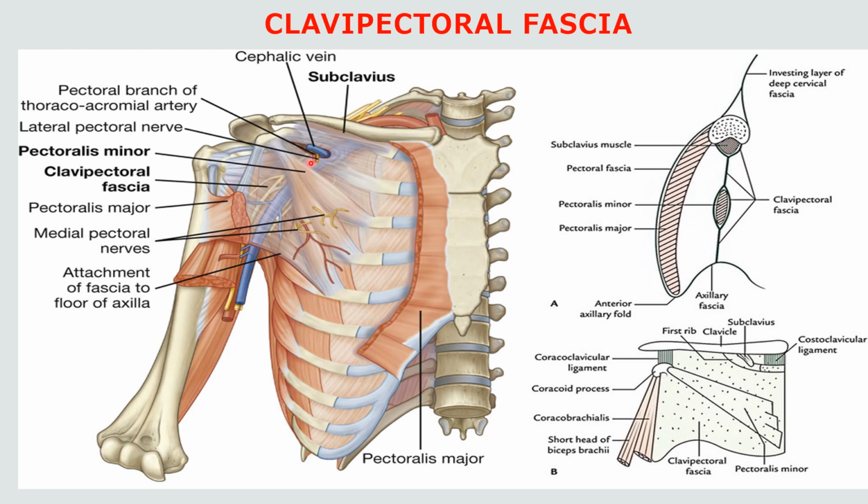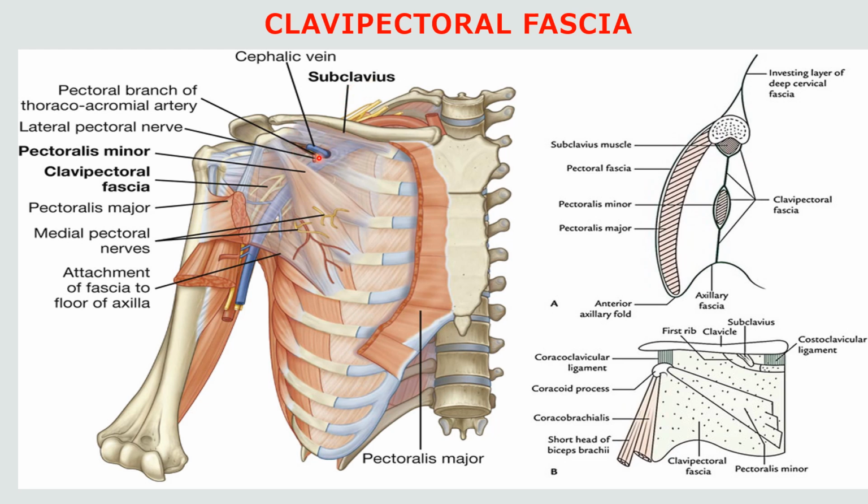Then the lateral pectoral nerve also pierces the clavipectoral fascia. Then the thoracoacromial vessels. The thoracoacromial artery divides into four branches that you will learn in detail. But these are the structures piercing the clavipectoral fascia.